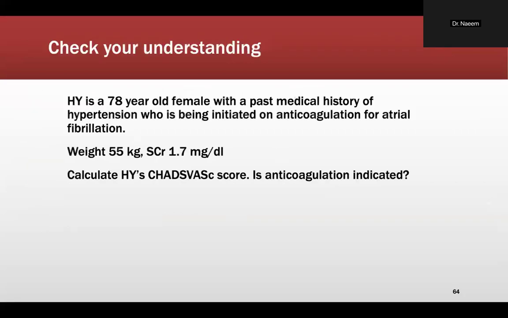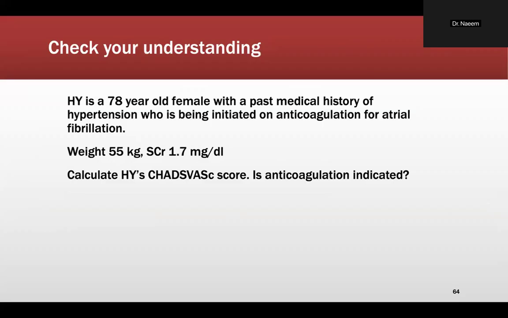Okay, and then this is a CHA2DS2-VASc practice case. So there's a patient with the past medical history of hypertension being initiated on anticoagulation for AFib. You see her weight, you see her serum creatinine. Looking at her details, she's 78 years old.